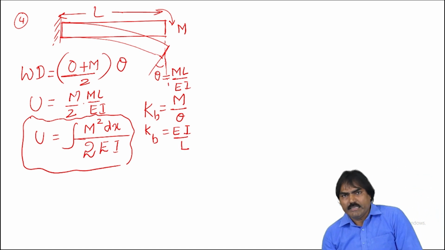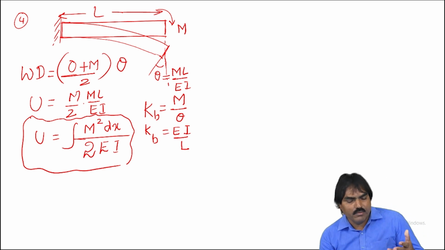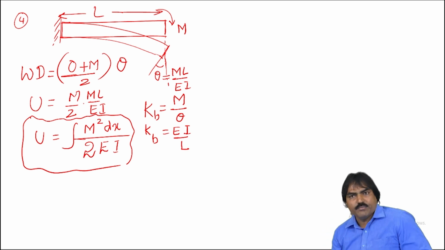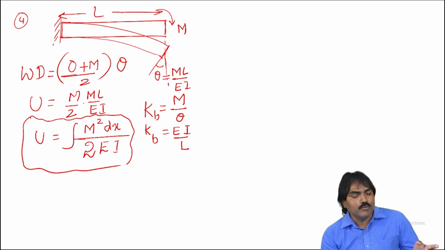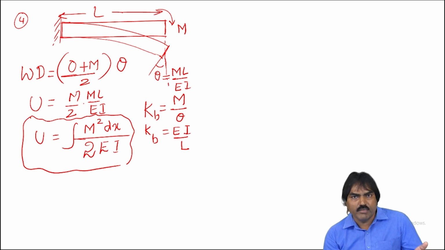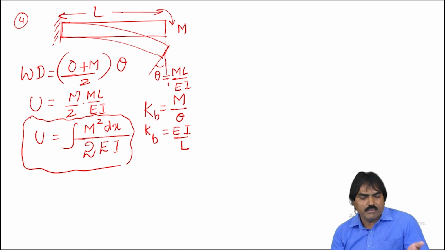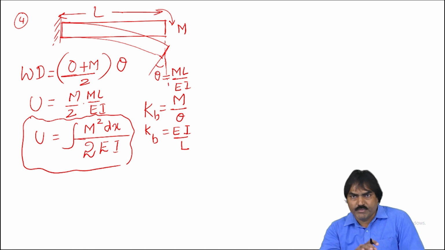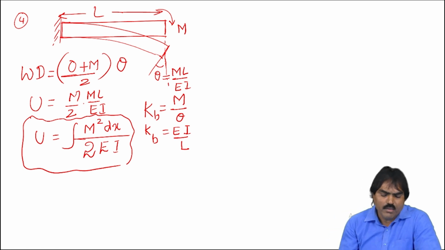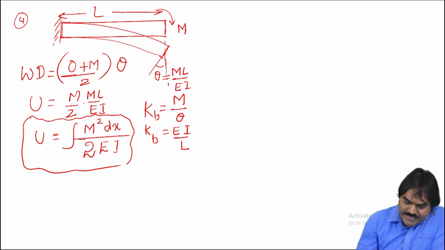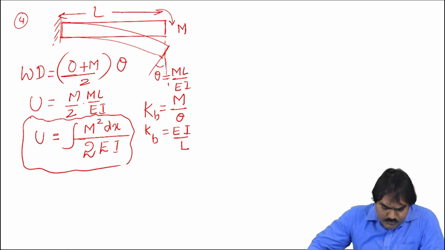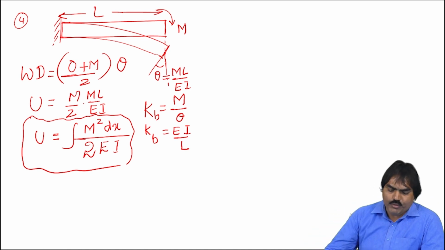Okay. See here, first we discussed with respect to the spring and we understood what is the energy stored. Then we applied the concept to the axial member. Then second, the torsion member. The third one is the bending member. This is the cantilever structure subjected to bending moment. Okay. Now this is the bending energy. M square into dx by 2EI.